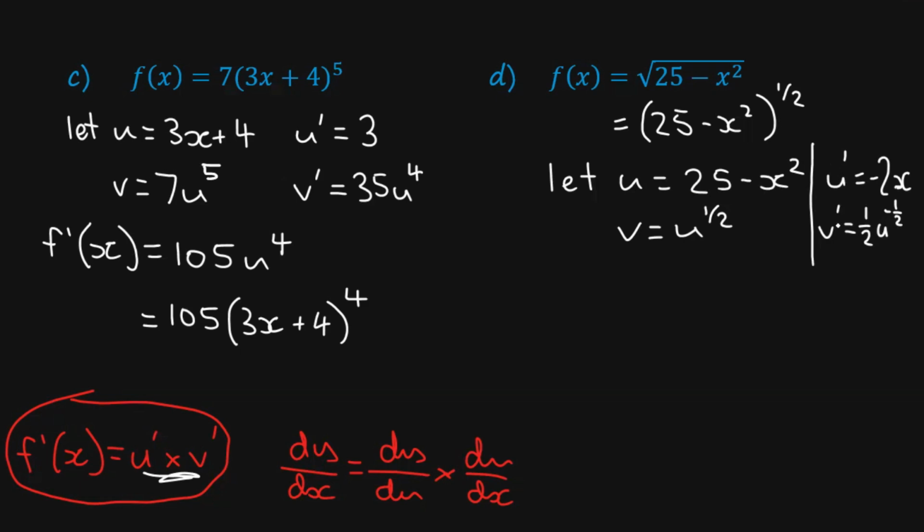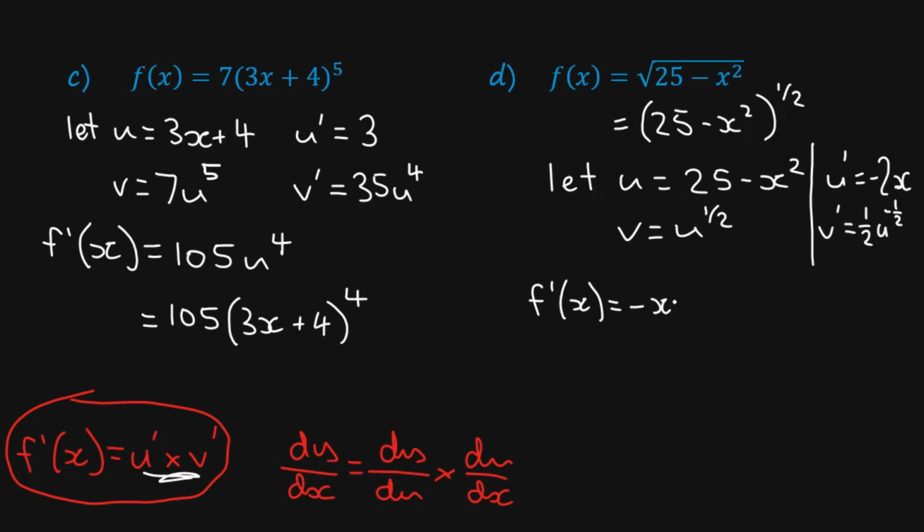So we've got the derivatives of u and v. So now what we can do is put them together. So it'll be minus 2x times 1/2 u to the power of negative a half. Okay, so I'm going to start by going negative 2 times a half, which is going to be minus 1. And I won't write the 1 there, but we've got the x, so it's going to be minus x.